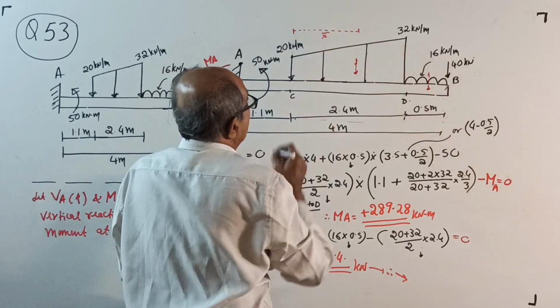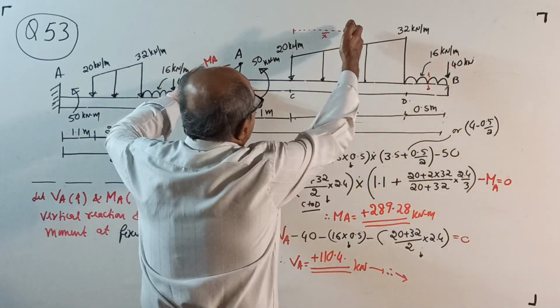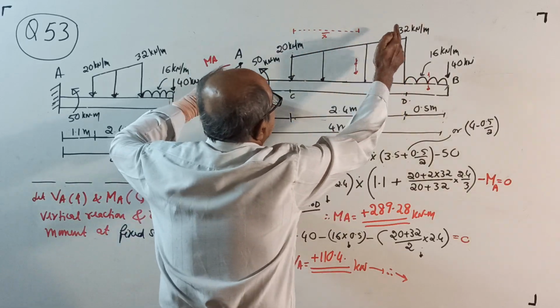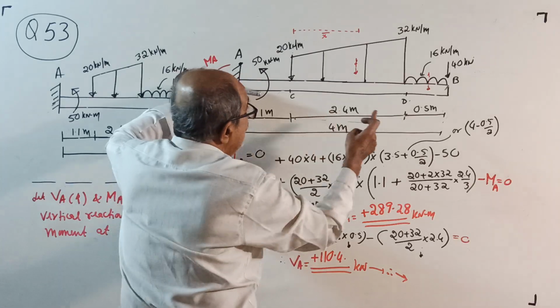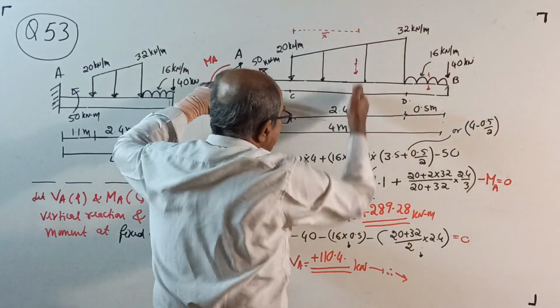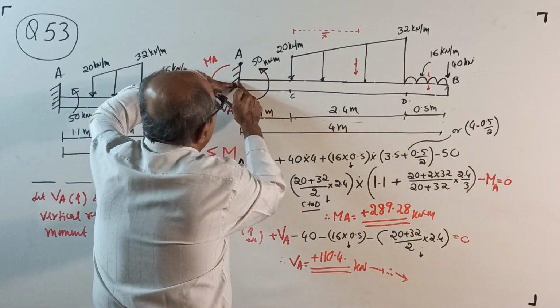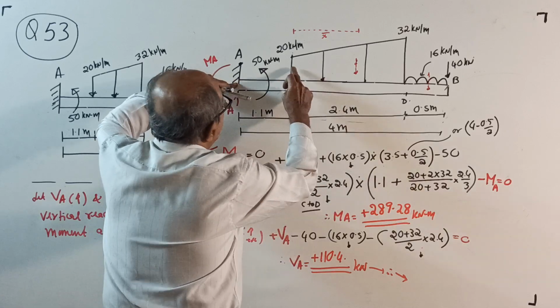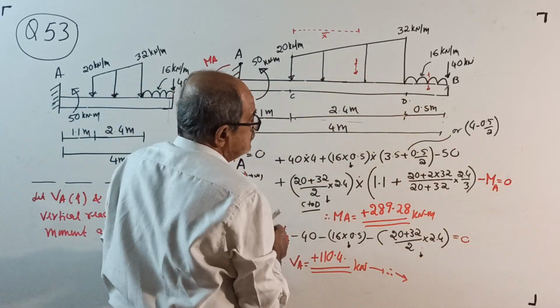First, total load is the area of the trapezium: 20 plus 32 divided by 2 into 2.4 is the total load from C to D, into, from A up to the line of action, 1.1 outside, plus from here to here is your X bar.